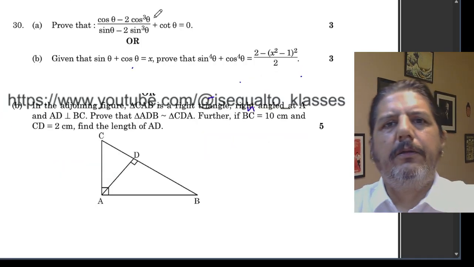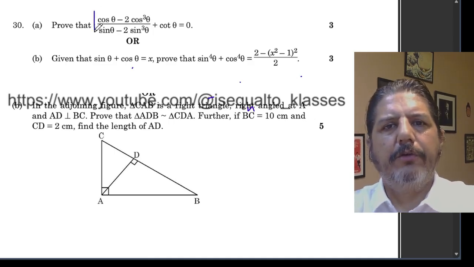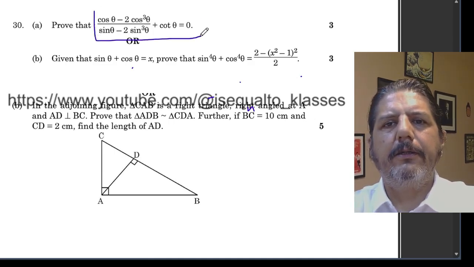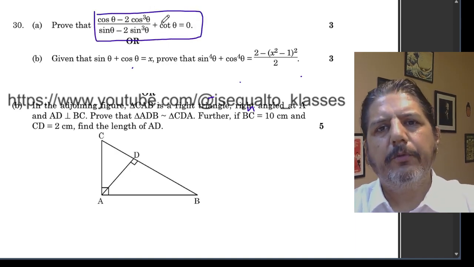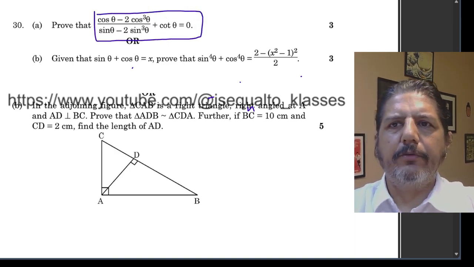Let's move to the next question. Cos theta minus 2 cos³θ upon sin theta minus 2 sin³θ plus cot theta is equal to 0. So let's have a look at this question.